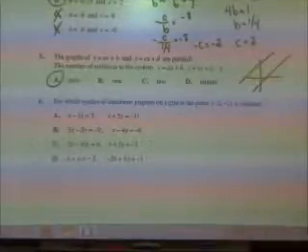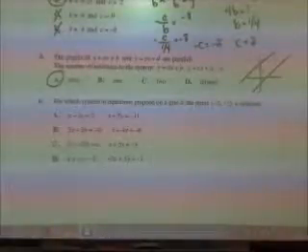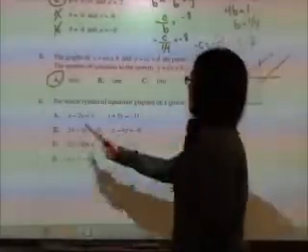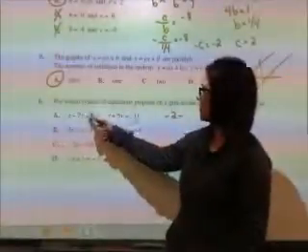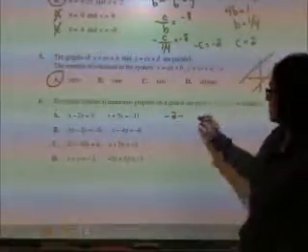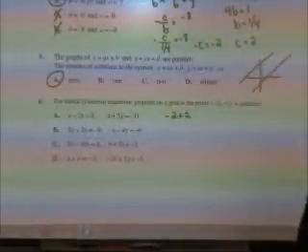For which system of equations graphed on a grid is the point -2 and -1 a solution? How would I solve this? Substitution. So if I look at this first one, I get -2 minus -2 times 1 is +2, which gives me 0.